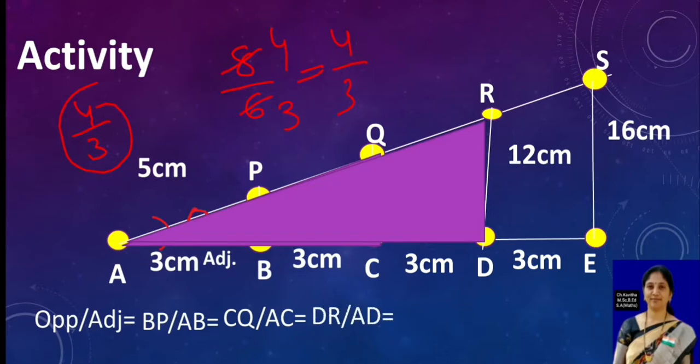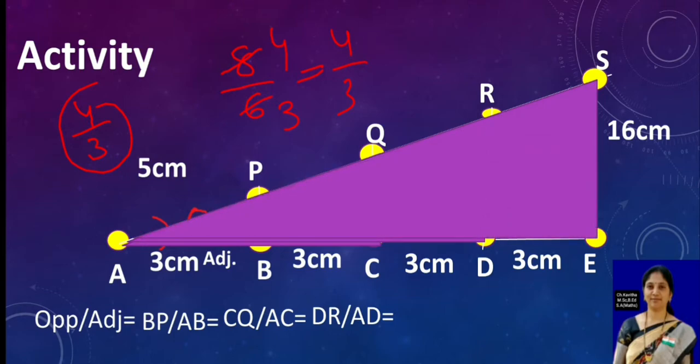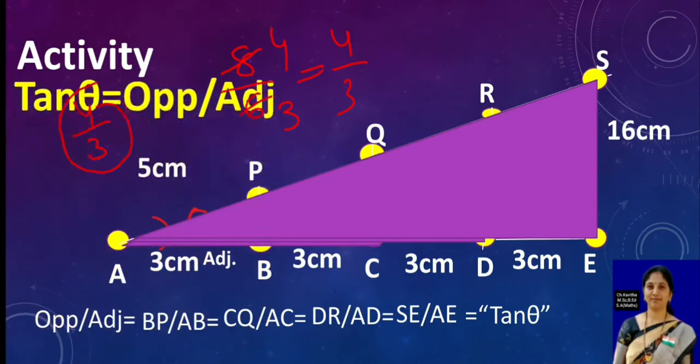If you consider the third triangle, that is AES, here also the opposite by adjacent, that is opposite SE by adjacent AE, we get the same value, 4 by 3. So these ratios are the same. This ratio is defined as tangent theta. So tangent theta is nothing but opposite side by adjacent side.